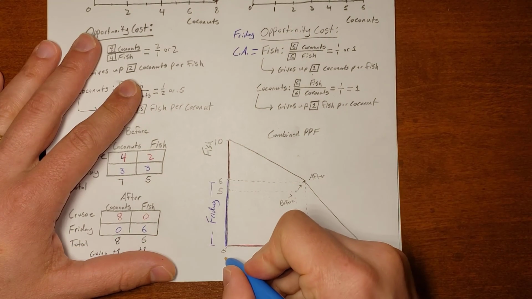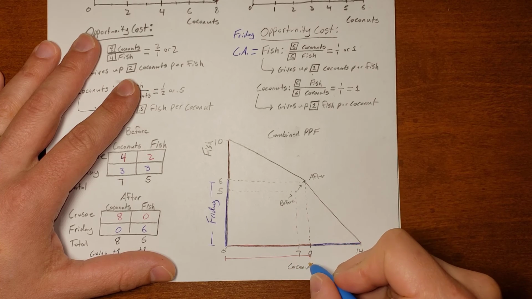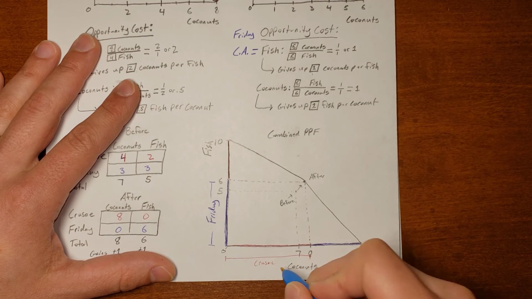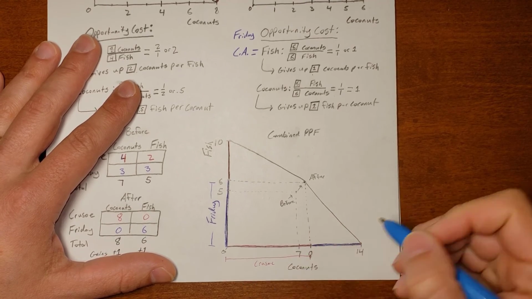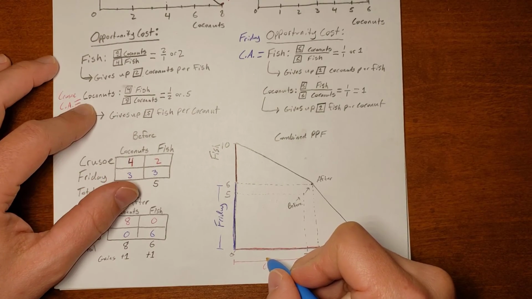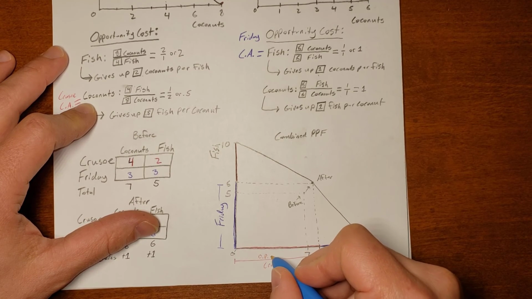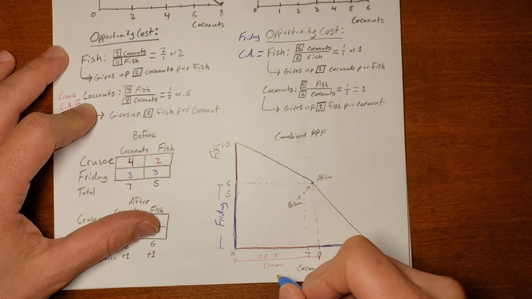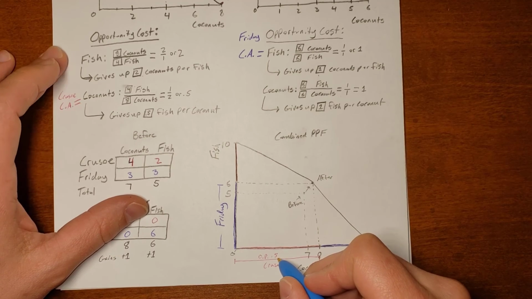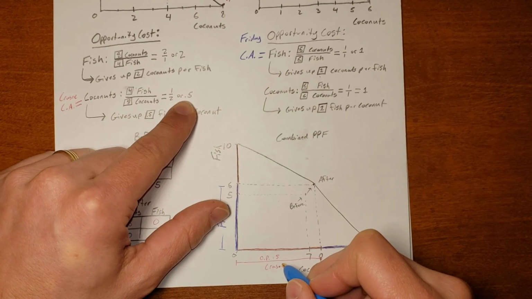And Caruso would be producing all of the coconuts up to the 8th coconut at an opportunity cost for each coconut of, we'll just write OP, of 0.5. Okay, when I say 0.5, what I mean is 0.5 fish per coconut, right? Because you remember that from up here. Okay, so every time he produces a coconut, he's giving up a half of a fish.